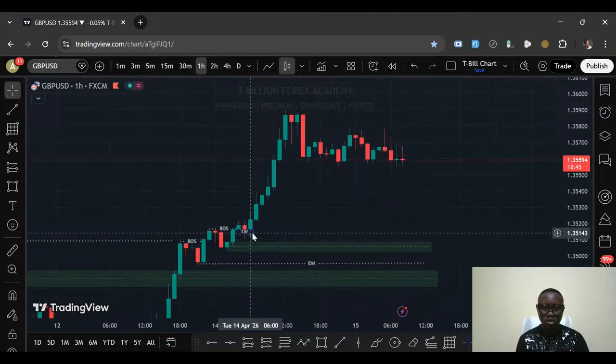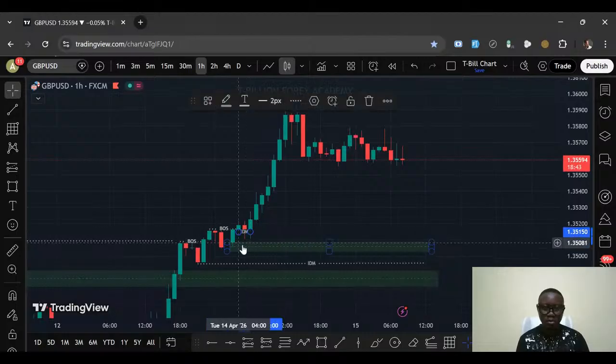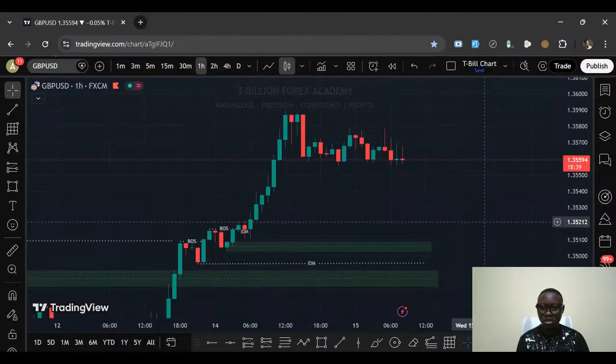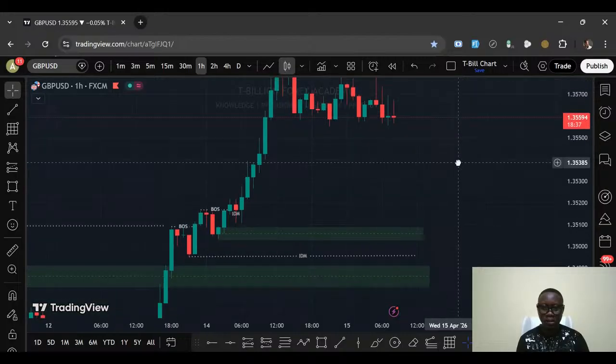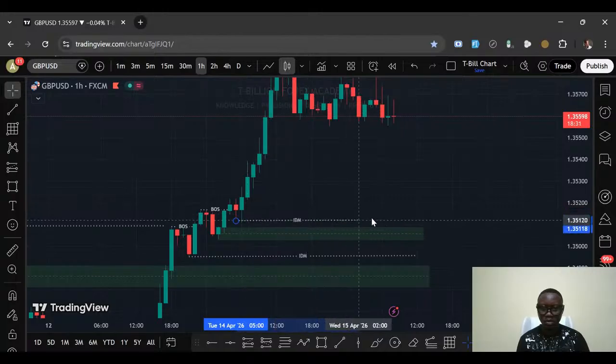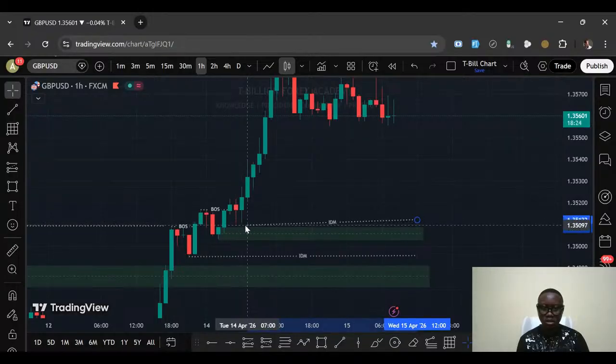Okay, so we got our inducement right here. Price didn't tap into this order block, so we'd expect price to tap into this order block zone right here. Because price did not tap our order block zone, this becomes the inducement.